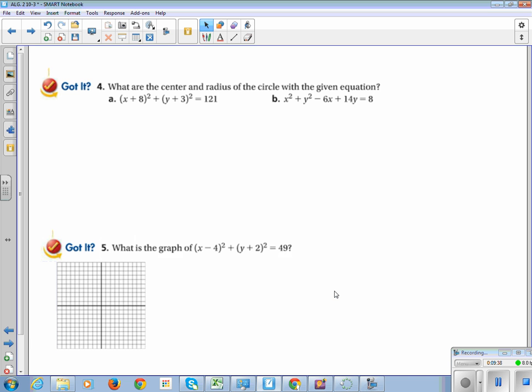Okay, so that seemed a little too easy. So let's see how hard this is going to get for us. What are the center and radius of the circle with the given equation? So I'm going to write down the generic form, and we're just going to do a nice across-the-board comparison.